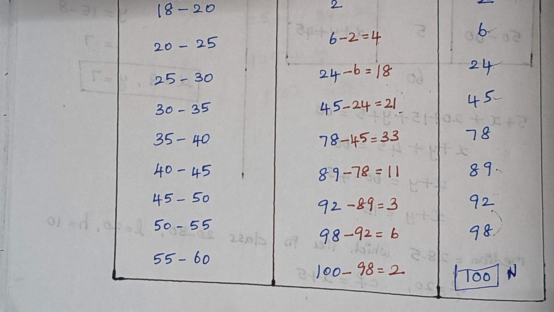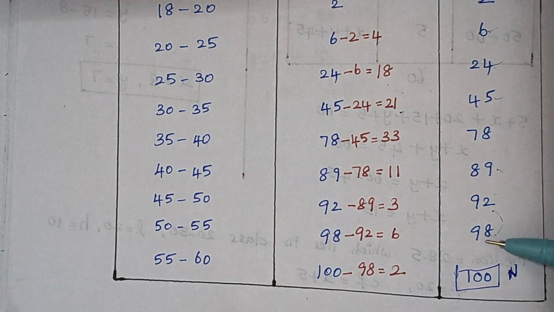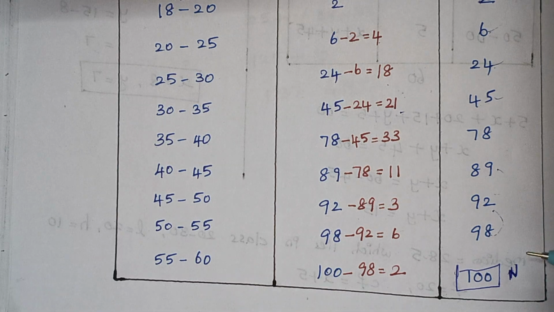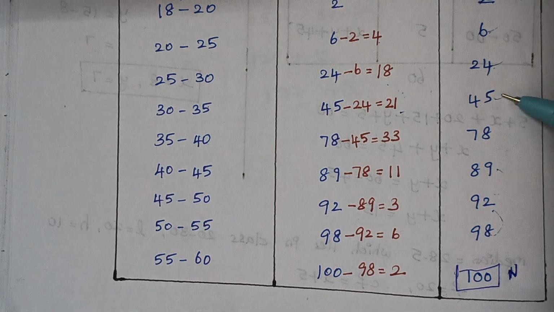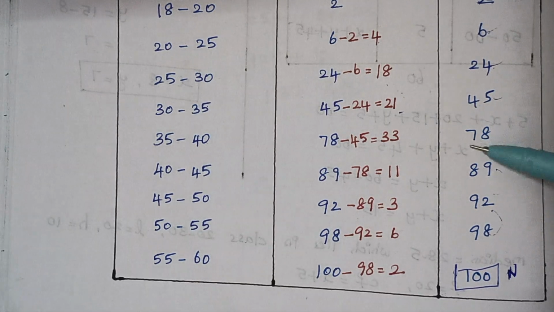So we have to consider a cumulative frequency which is just greater than 50. Looking at this column, the value 45 is less, and the value greater than 50 is 78, right?